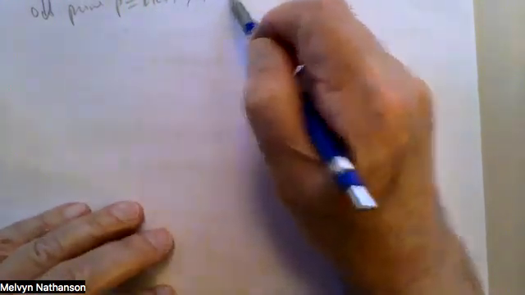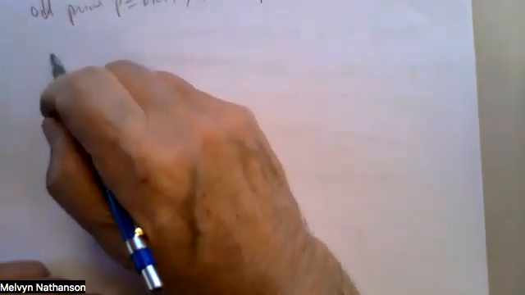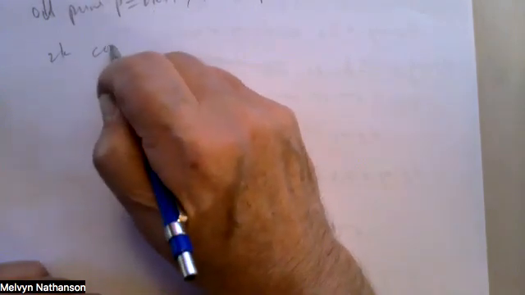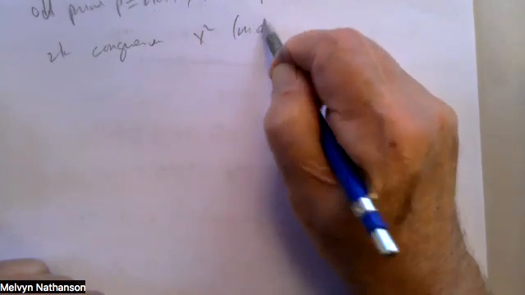Now, if you take an odd prime p that's 2k plus 1, then p minus 1 is 2k. So you have 2k congruences, x squared mod p, where x is not 0 mod p.